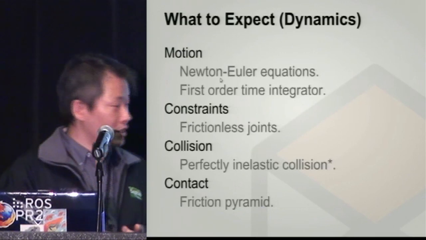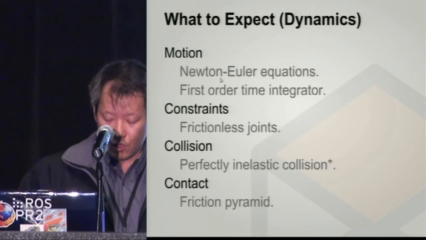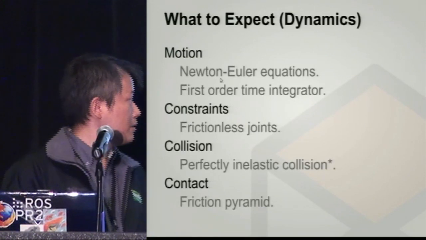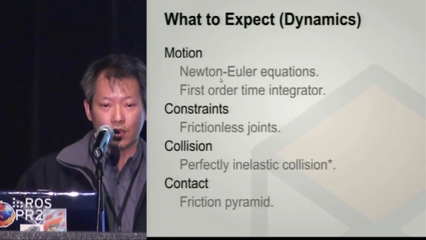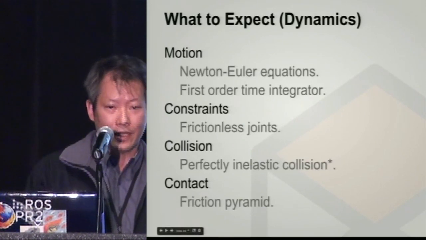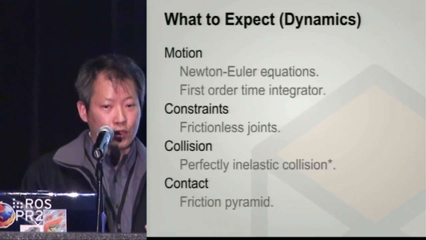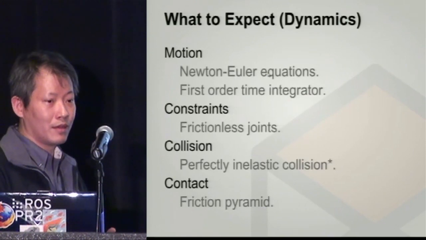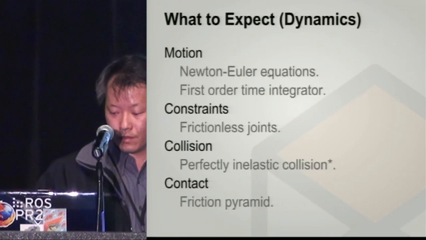And for collision in simulation, right now, ODE and Bullet can do inelastic collisions quite nicely, but elastic collisions are still something that we need to work on to make it better. And lastly, for contact dynamics, the friction is being simulated as a friction pyramid rather than a perfect friction cone, and that's for efficiency purposes.